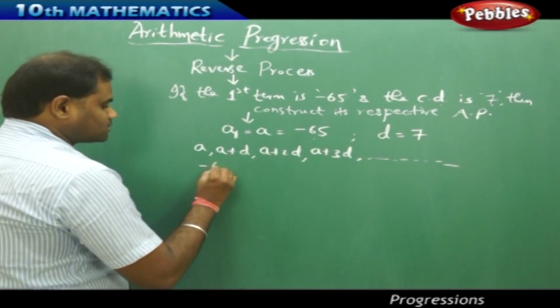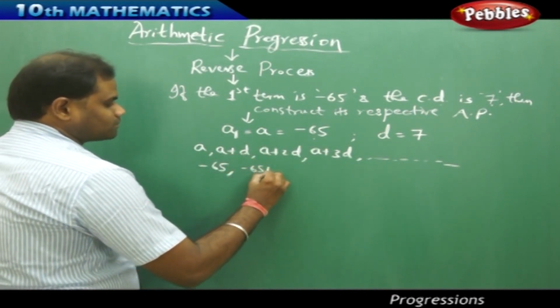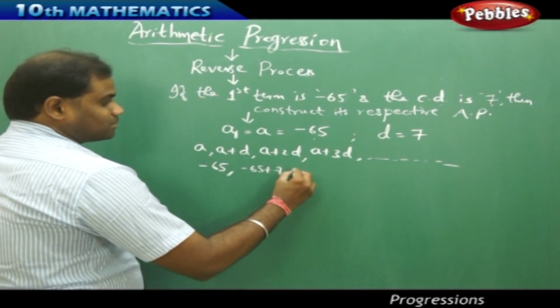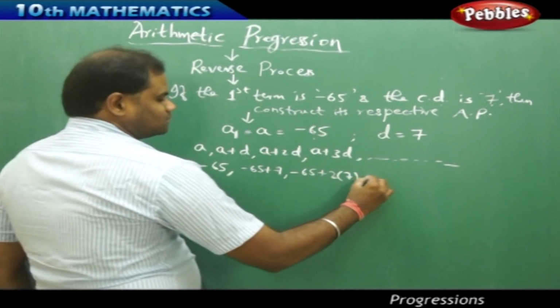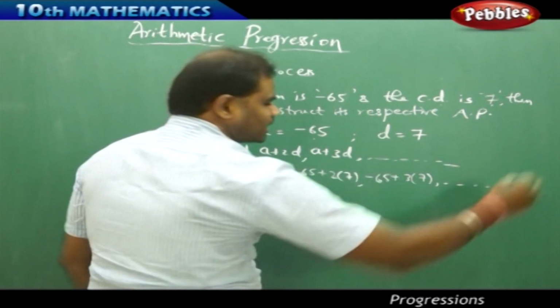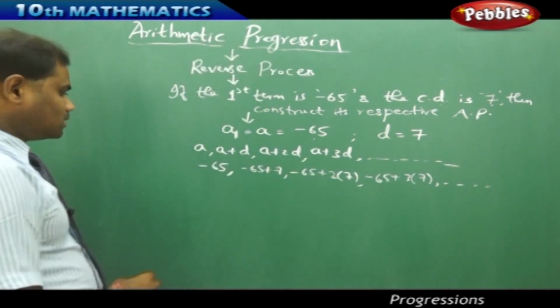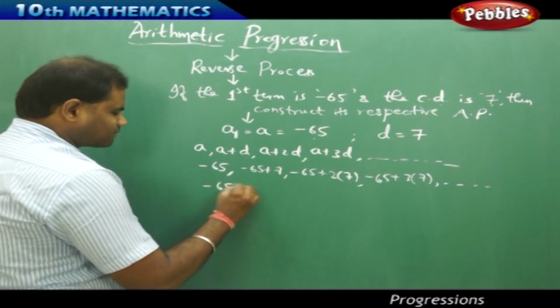So let's see how the sequence is obtained. Initially A is negative 65, then the next is A plus D, which is negative 65 plus 7, then it is A plus 2D, plus 2 times 7, and so on and so forth. Now this, on further simplification, gives me negative 65.